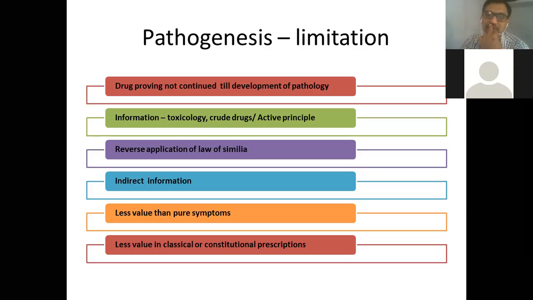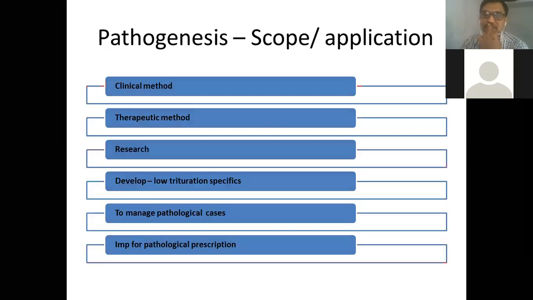And every coin has two sides, so similarly this pathogenesis has certain scopes and applications. This pathogenesis terminology has more application in the clinical method or therapeutic method of study of homeopathic materia medica.